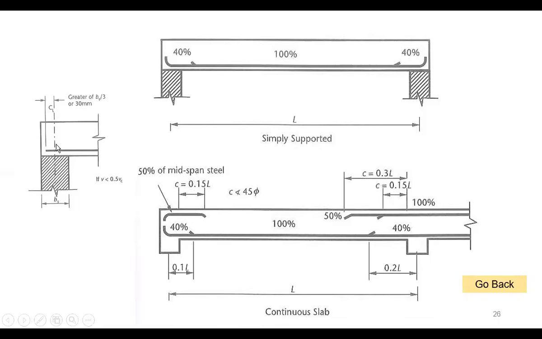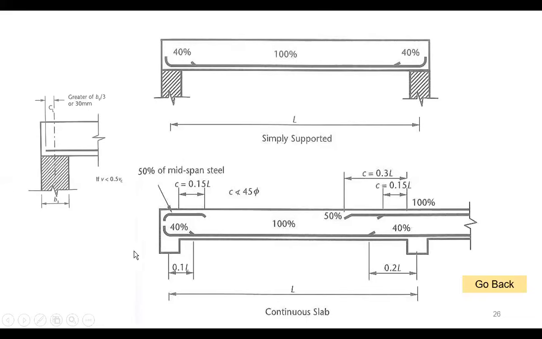Here about the anchorage, or how to extend this bottom reinforcement: do you just stop it at the support, at the center line, or do you extend? The code says this one should be extended. If V is less than 0.5 Vc, meaning the shear stress on the slab is less than 50% of the shear carried by the concrete, this distance should be the greater of bs over 3 or 30 millimeters.